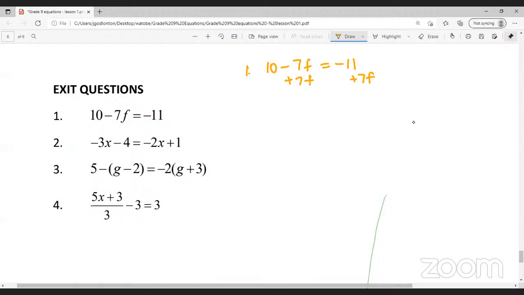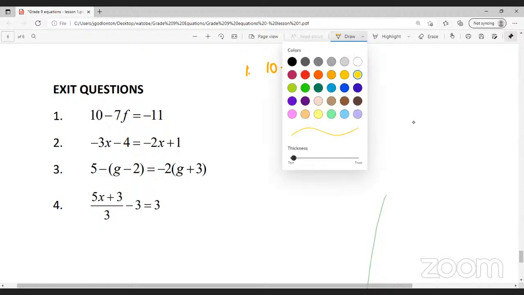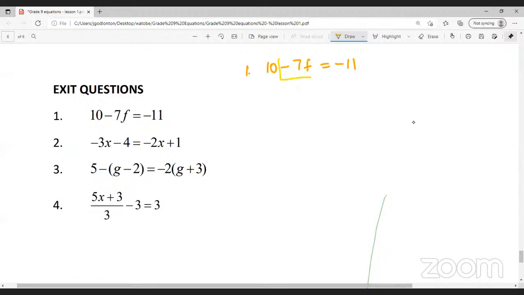Ma'am, I was simplifying both sides of the equation. Okay, so at the moment, we can't simplify any further here because those two aren't the same as each other. So we're not allowed to minus it from each other. So at this point, we just want to get this f, we want it to be alone, and we want our numbers to be alone on the other side.